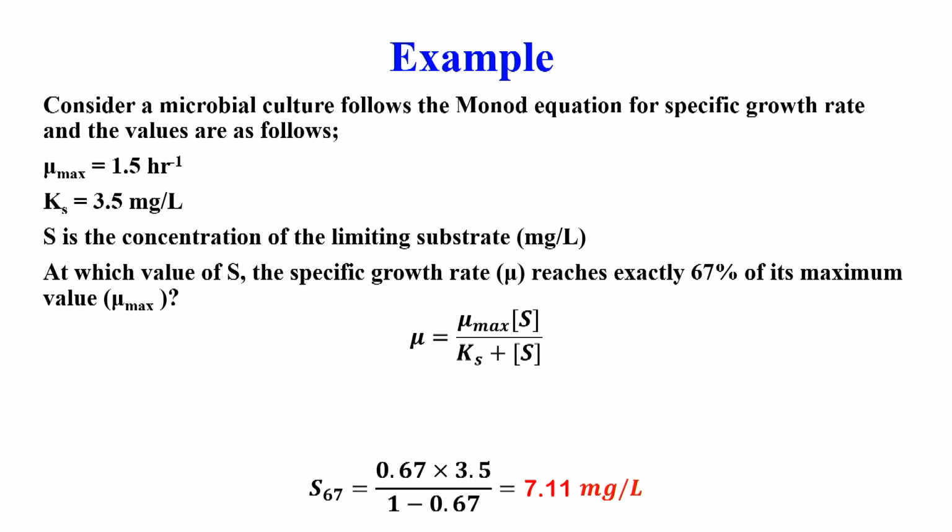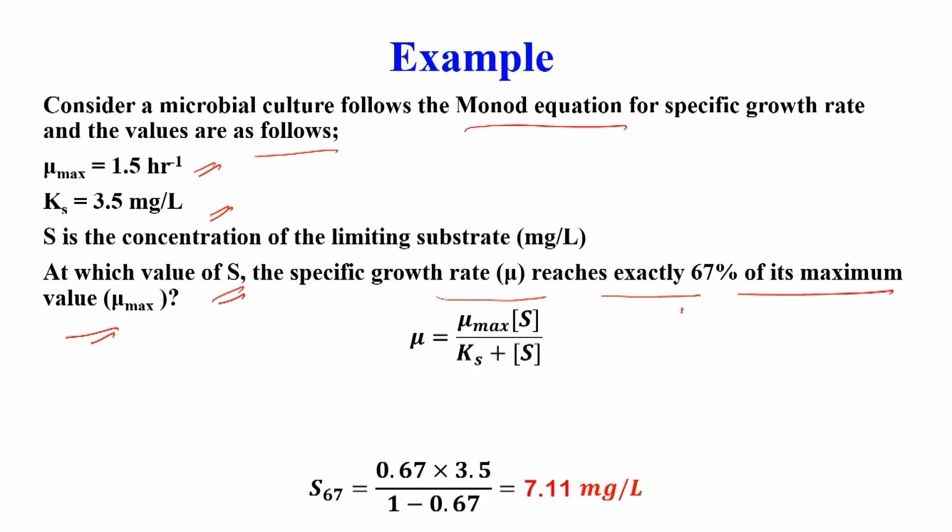We will have one more example here. Consider a microbial culture that follows the Monod equation for specific growth rate, and values are as follows: mu max 1.5 hour inverse, Ks 3.5 milligram per liter. It asks at which value of substrate the specific growth reaches 67% of its maximum value.